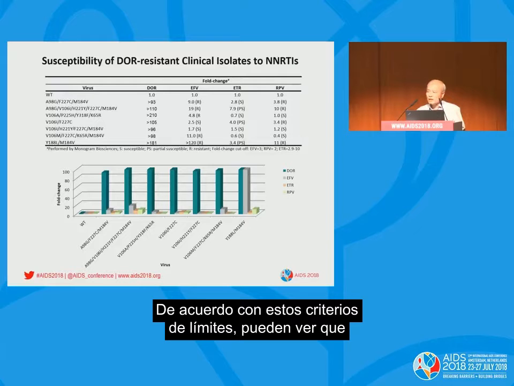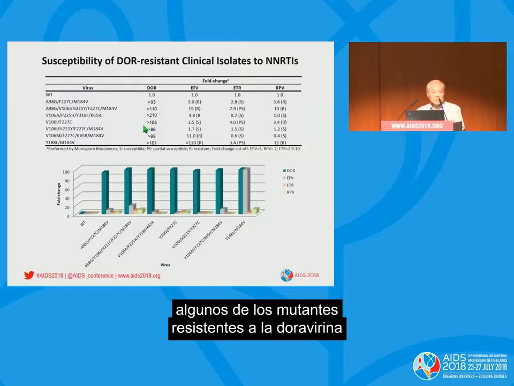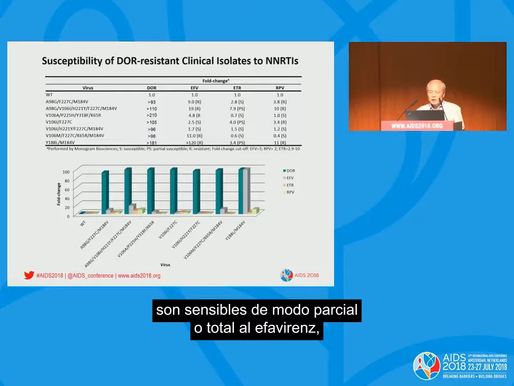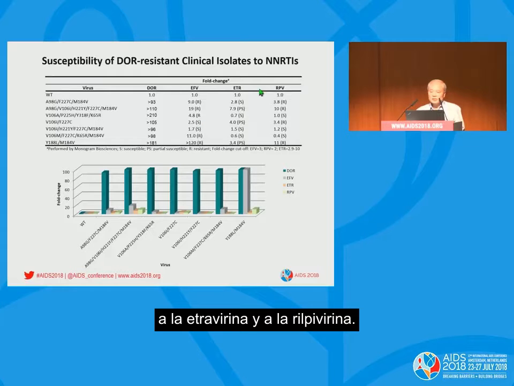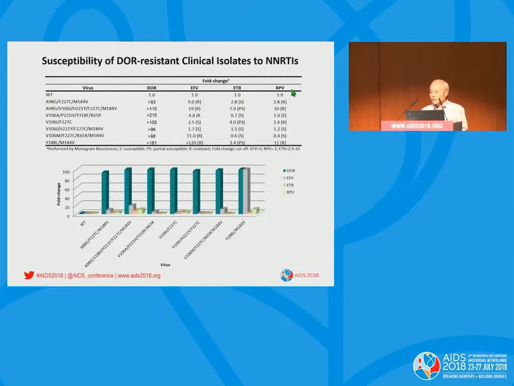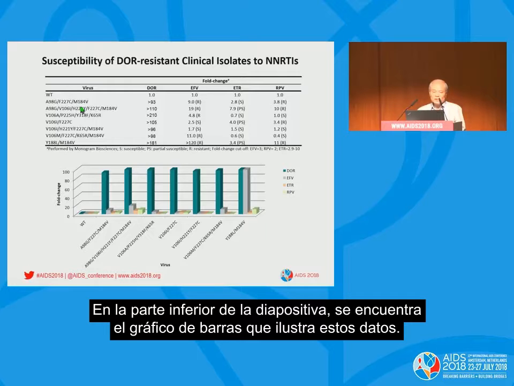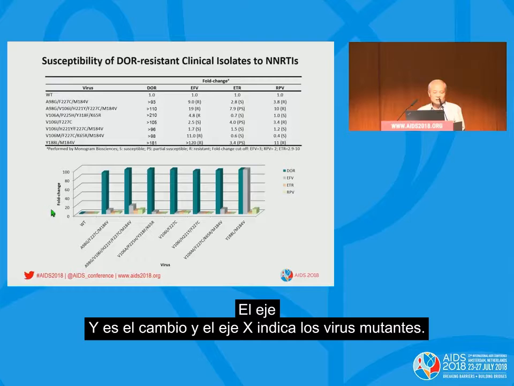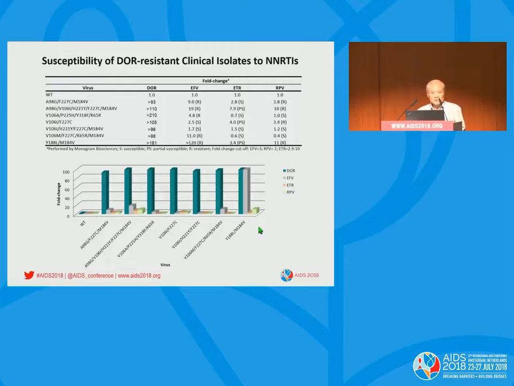Based on these cutoff criteria, you can see some of the doravirine-resistant mutants are either partially susceptible or susceptible to efavirenz, etravirine, and rilpivirine. The bar graph of the data is shown on the bottom of the slide. The y-axis is the fold change, and the x-axis are the mutant viruses.